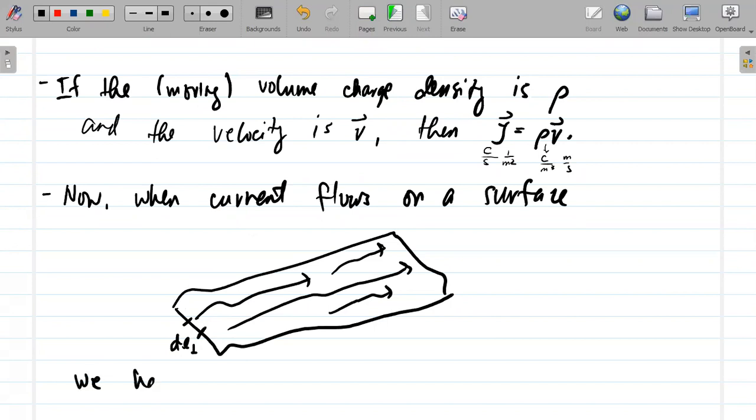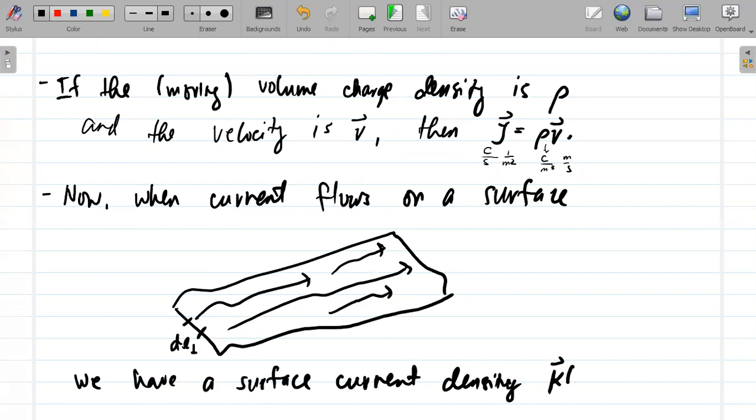Here we have a surface current density. Kanina J of x. Ito naman, gawin natin K of x. Tapos, we define that as, kanina di ba current per area? Ito naman, current per length. Even though ang tawag sa kanya surface current density, dinidivide natin siya ng length.